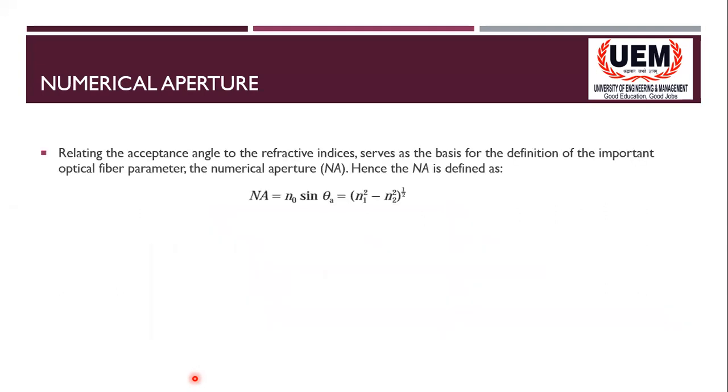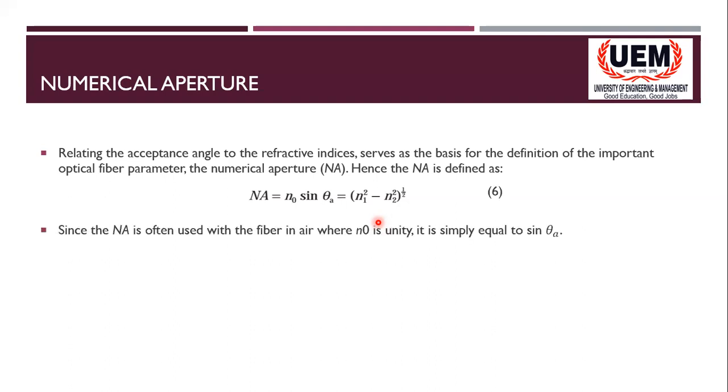So we can define numerical aperture as NA equals n naught sine theta a, where n naught is the refractive index of air medium, theta a is the acceptance angle, n1 is the refractive index of core, and n2 is the refractive index of cladding. So thus acceptance angle can be related to numerical aperture, which is again related to the refractive index of core and cladding.